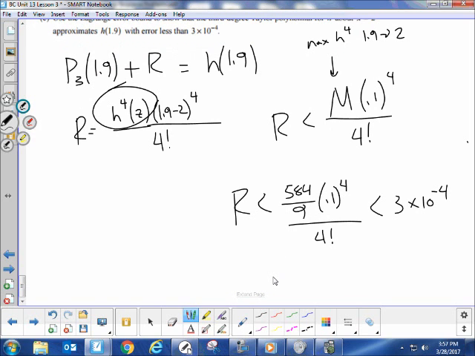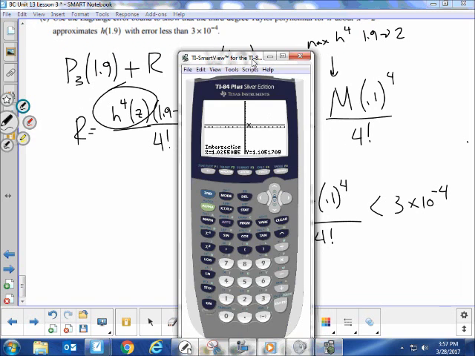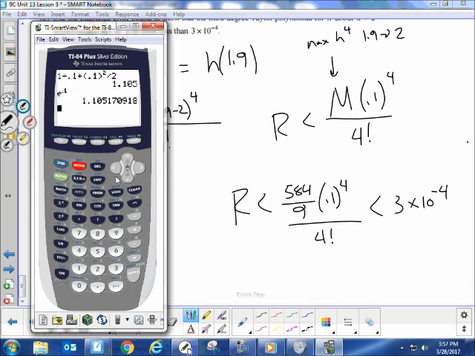So I'm going to do the math really quickly. 584 divided by 9, times 0.1 to the fourth, divided by 4 factorial, gives us that.